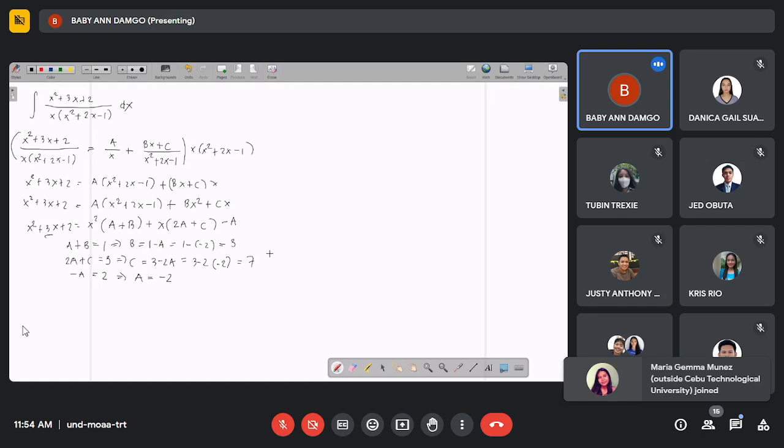So we will change this one: this is minus, so we have a minus, so this is negative 2.